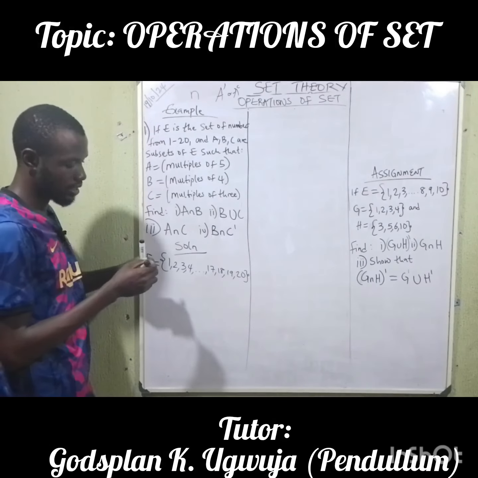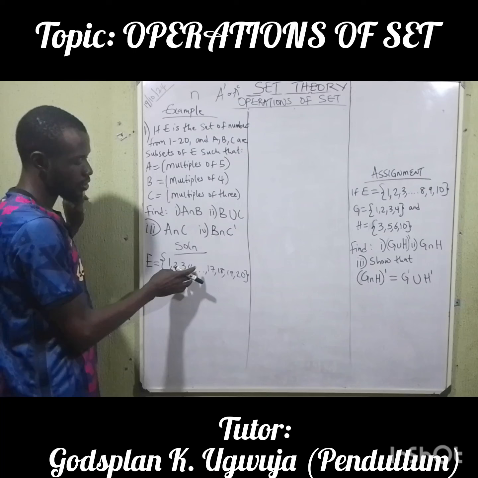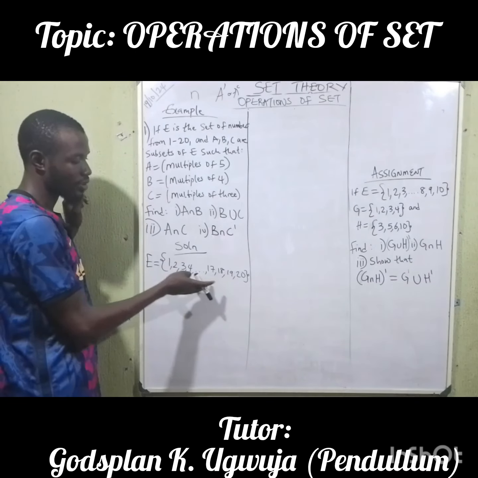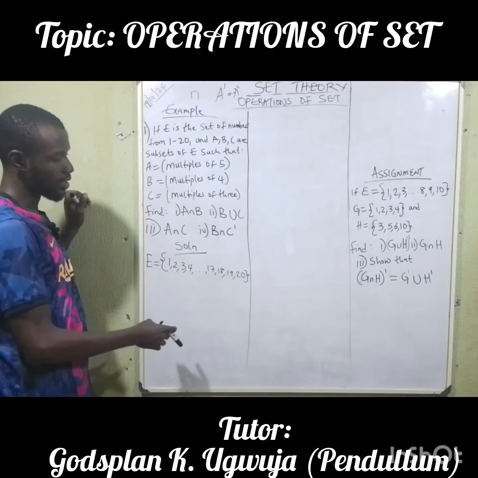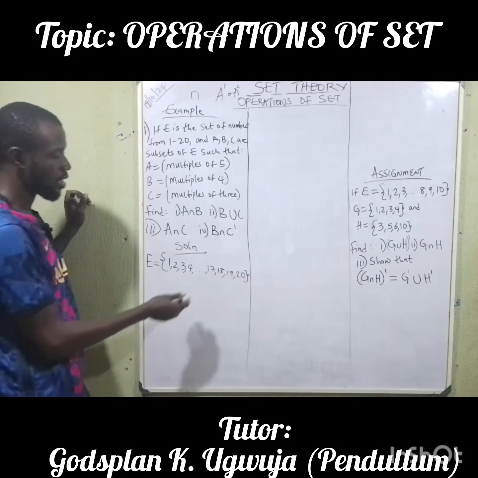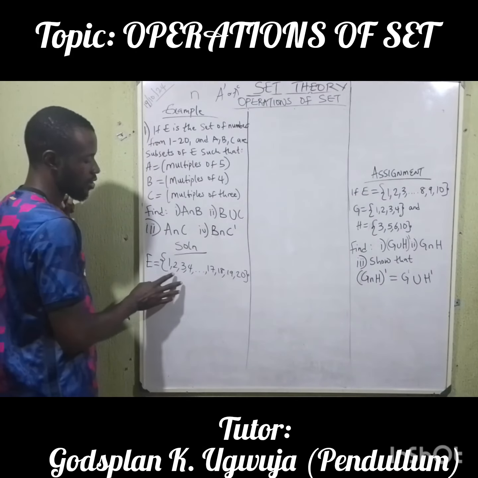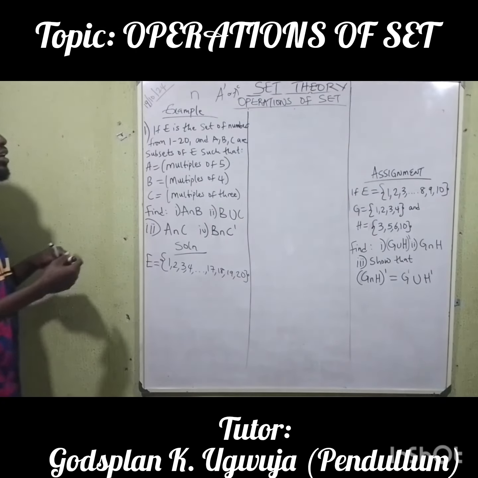Alright. This dot dot dot means that there are numbers missing in between. So 5 to 16 are assumed to be here. We did this because of space. But E means all the numbers from 1 to 20.